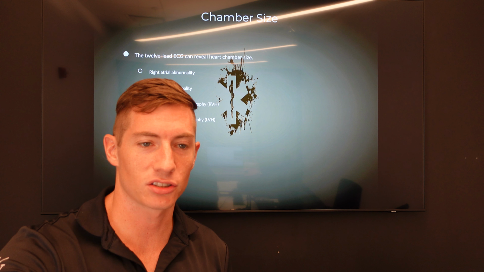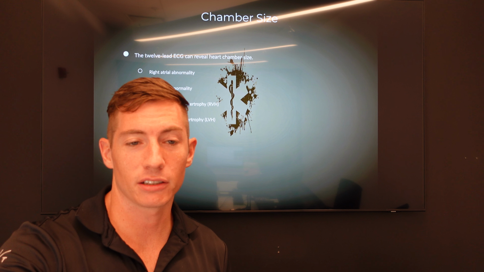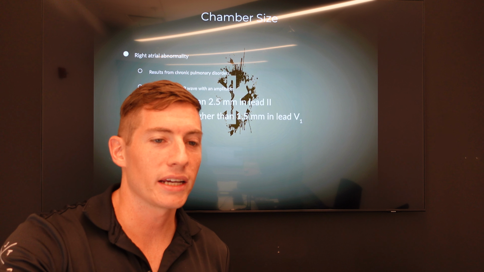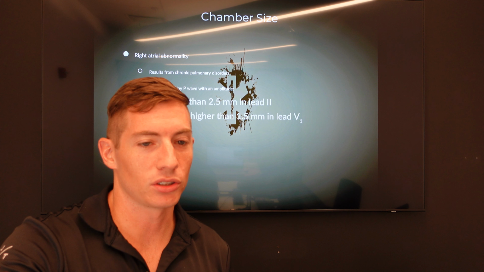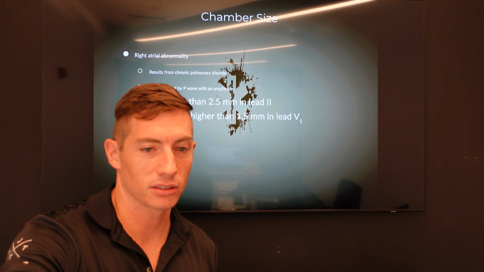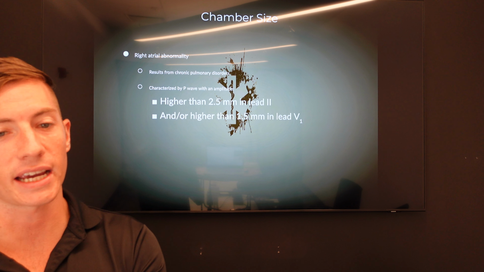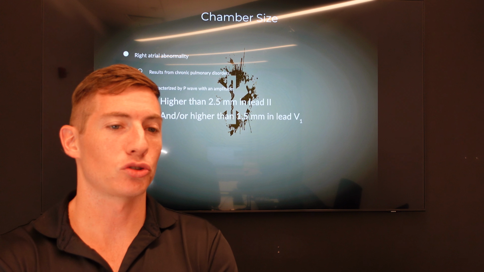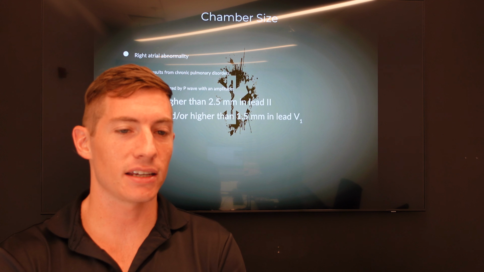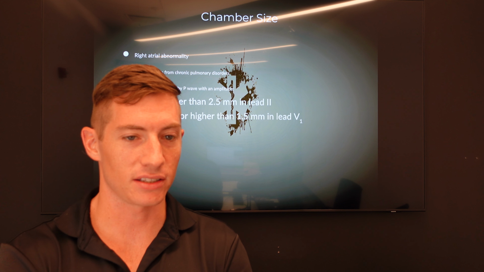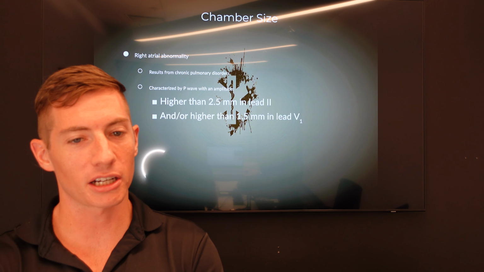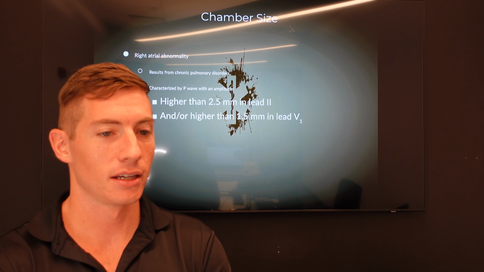Evaluate the chamber size for abnormality or hypertrophy. Right atrial abnormality was formerly called right atrial enlargement or right atrial hypertrophy. The right atrium will dilate if returning venous pressure is elevated or pulmonary pressures are high.